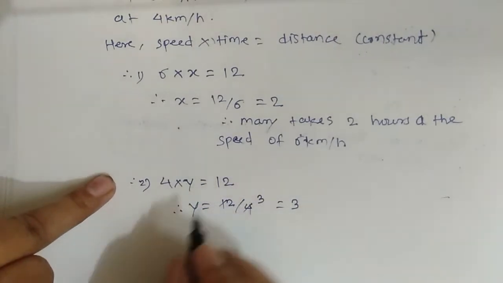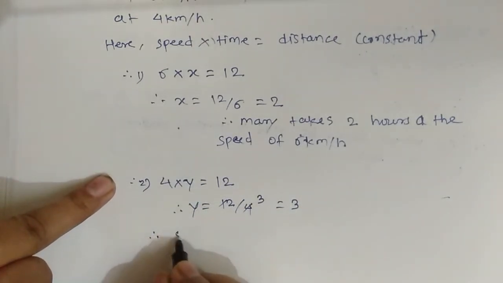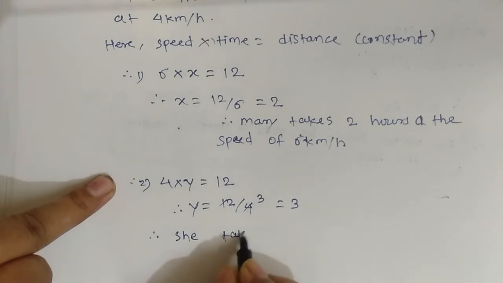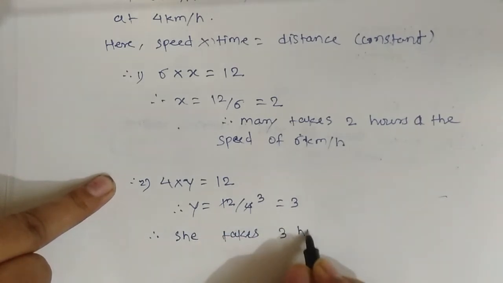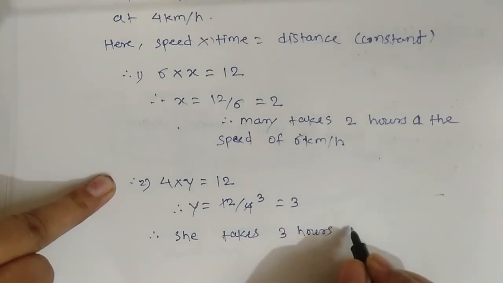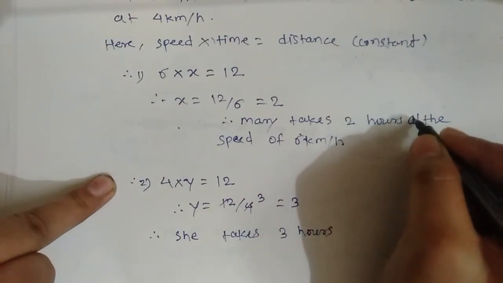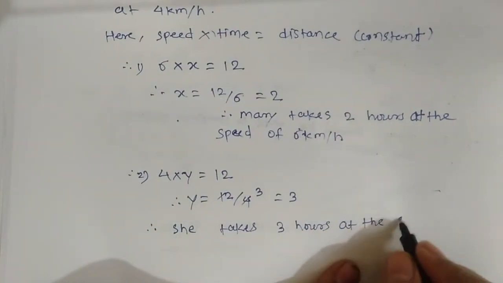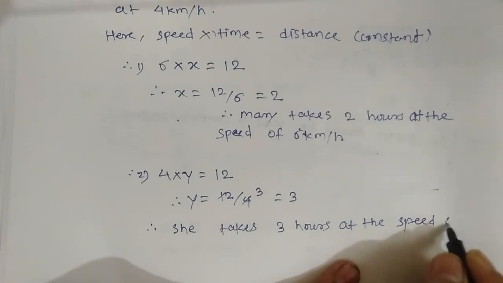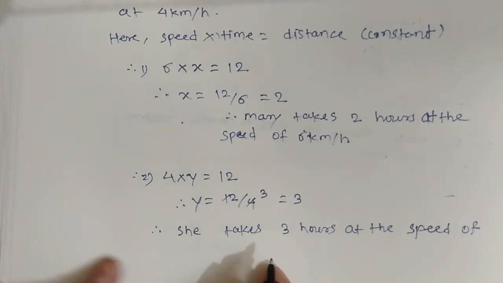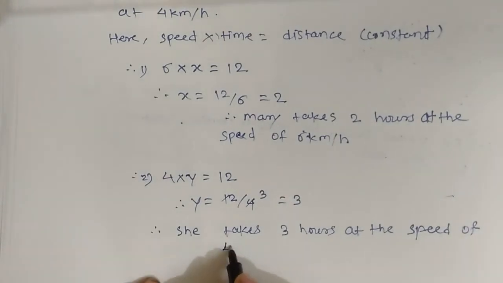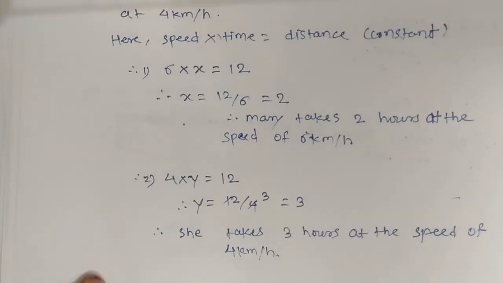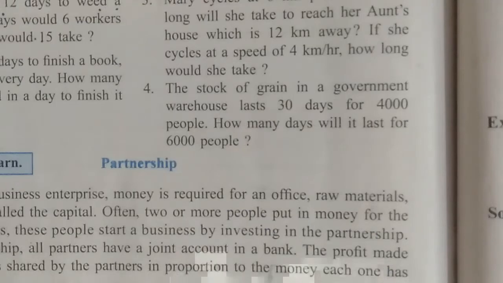Therefore she takes 3 hours at the speed of 4 kilometers per hour. Understood? Very simple. The last question.